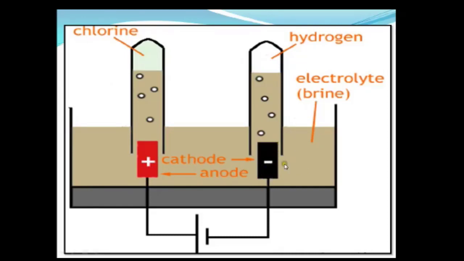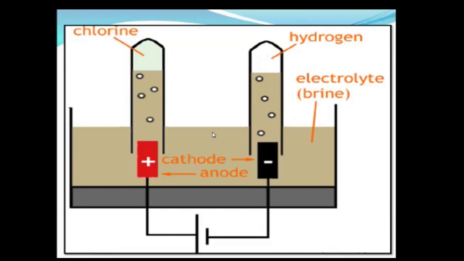And this is the brine solution, the electrolyte, and here it is producing the hydrogen molecule at the negative electrode, whereas the chlorine is attracted towards the positive electrode. At the positive electrode, the chlorine molecule will be there. So this is all about brine electrolysis.